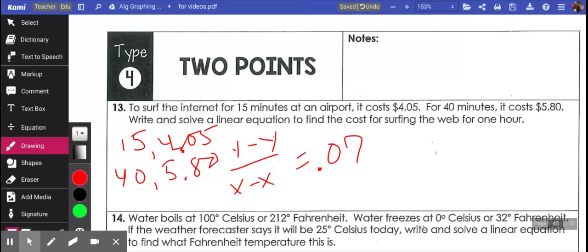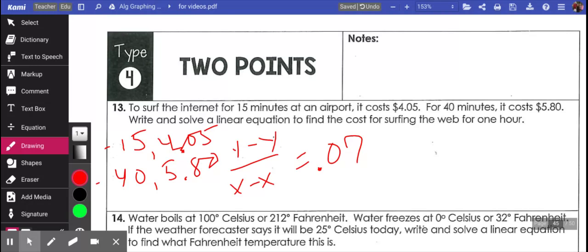And then to find the cost for surfing the web for 1 hour, this one's a tricky one again, since they give you minutes, the very ending has to be in minutes. So you're going to do either y equals mx plus b and use one of these points, or you're going to do point slope formula. And by now you should already be able to do that.